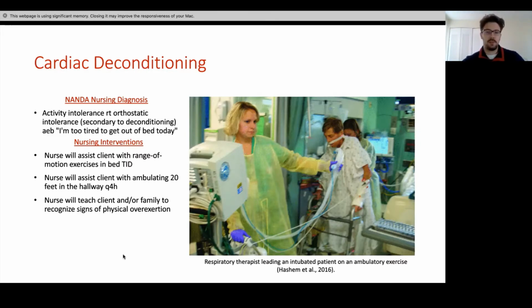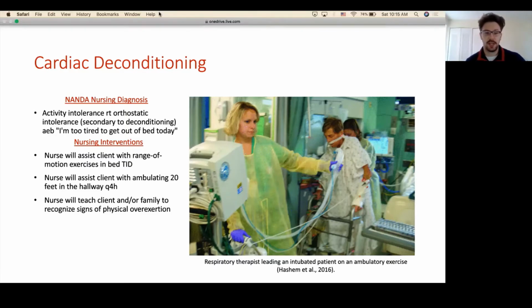Some examples of nursing interventions would be the nurse assisting the client with range of motion exercises in bed 3 times every day if they can't get out of bed, or the nurse assisting the client while ambulating 20 feet in the hallway every 4 hours, or the nurse teaching the client or the client's family to recognize signs of physical overexertion.